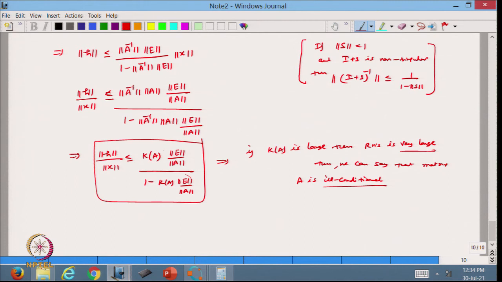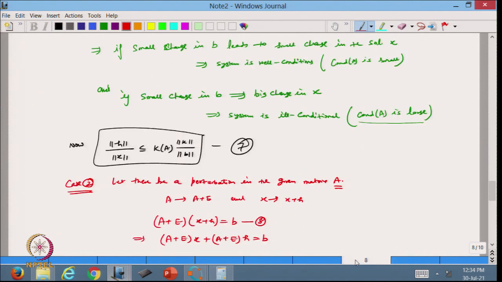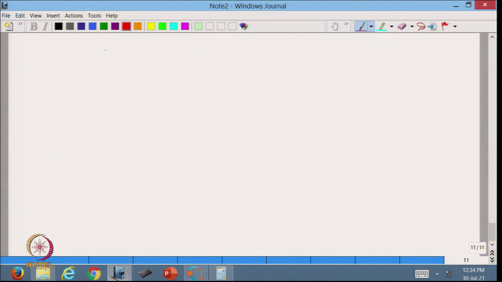So, everything depends upon the condition number here, and that is the condition we can define when we take the sensitivity analysis of the given matrix. So, let us take one example and let us see what is the meaning of this.